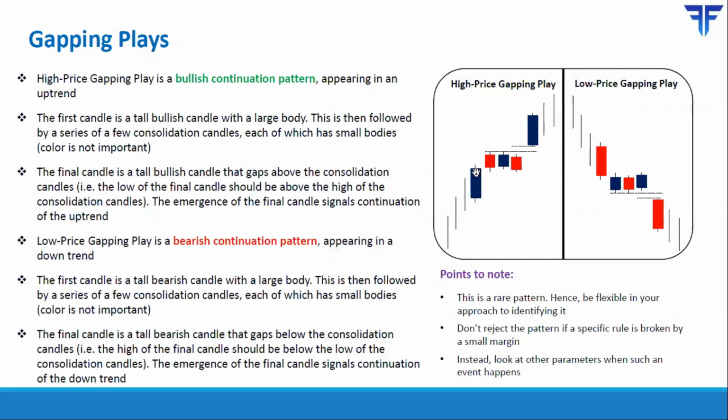The first candle is a tall bullish candle, suggesting to you that the uptrend is very much intact. Now, this strong bullish first candle is followed by two, three, or maybe even four consolidation type candles in which the price essentially trades in a narrow range.